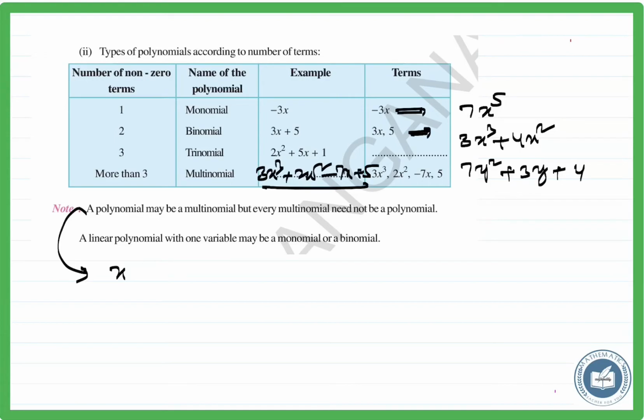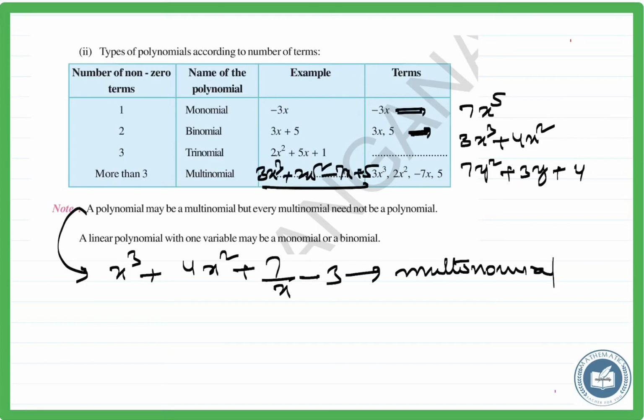One example: x to the power of 3 plus 4x square plus 7 upon x minus 3. Here you see this one is a multinomial. More than three terms are there, it contains four terms.